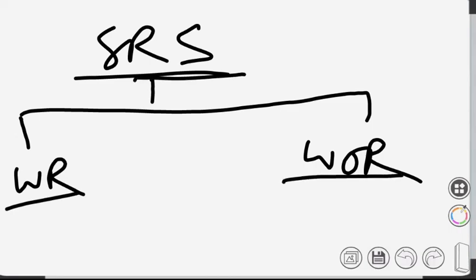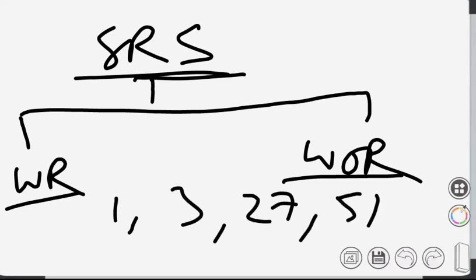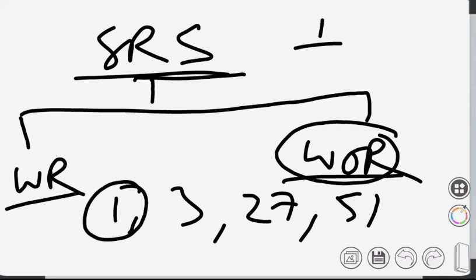Now let's explain what is without replacement and with replacement. As I was saying, I am picking the elements from the population, for example the first, third, 27th, 51st. In simple random sampling without replacement, if there are, say, 10,000 elements, picking the first one, the probability is 1 by 10,000.